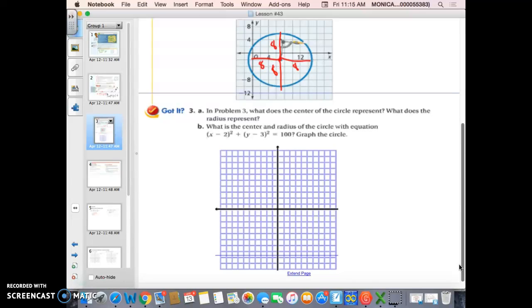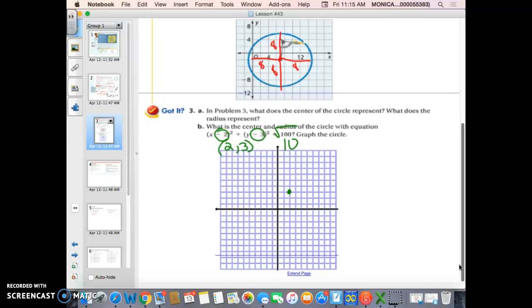I'm going to look, this is my h, this is my k, it's negative, so it's going to be positive 2, positive 3. That's the center of my circle, which is right here. And then my radius is the square root of 100, which is 10. So I'm going to count 10 over and across.